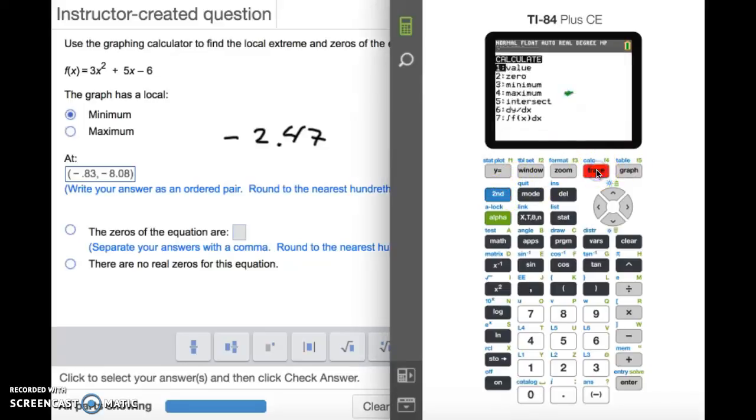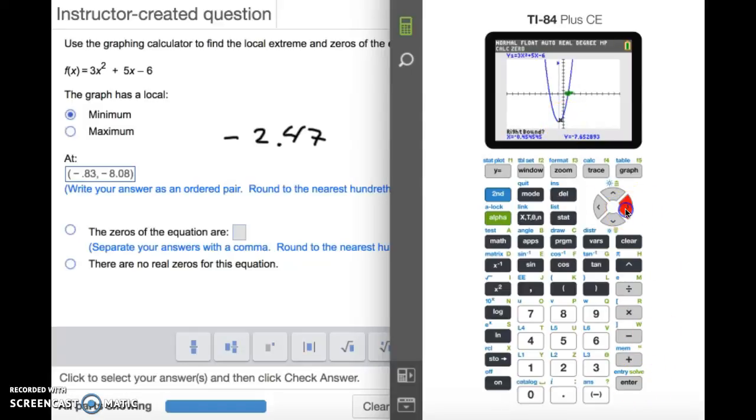Second trace, I want the 0, which is option number 2. Put my cursor on the left. So again, this is the left side. Here's my value, here's my 0. I need to be on the left side, so I need to be over here. I'm going to just press enter down here.